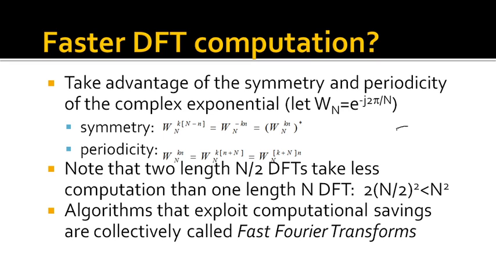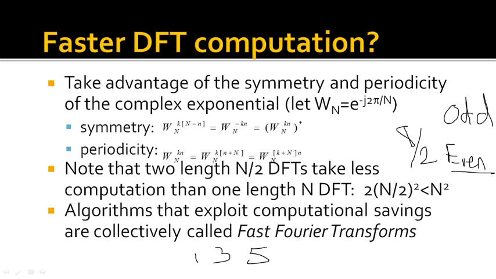Suppose an 8-point algorithm is there, so I will divide it into two parts: the sequence of odd terms and the sequence of even terms. Odd contains 1, 3, 5 and 7, and even contains 0, 2, 4 and 6. We treat this part separately and that part separately. Very good.